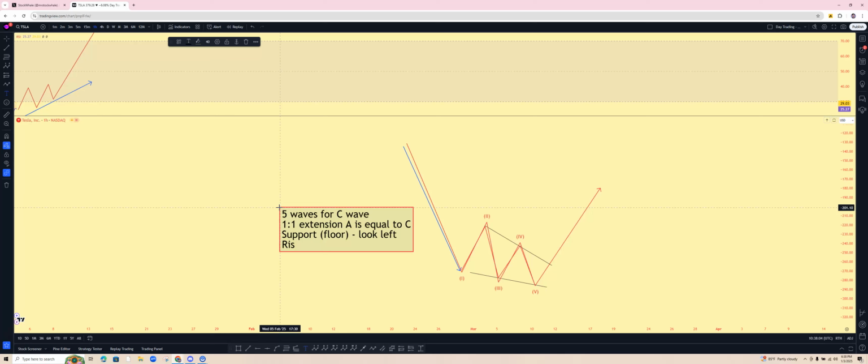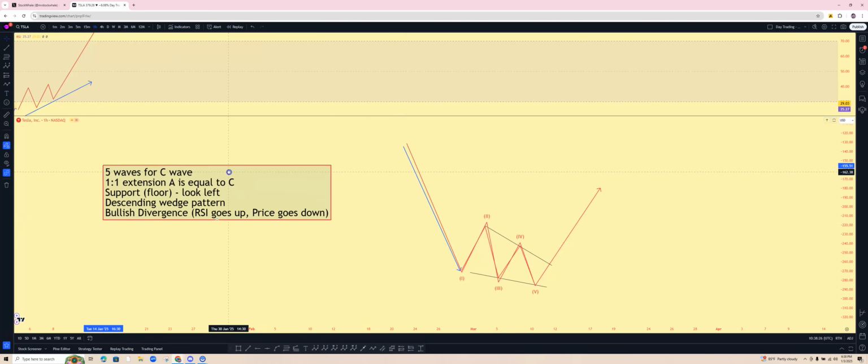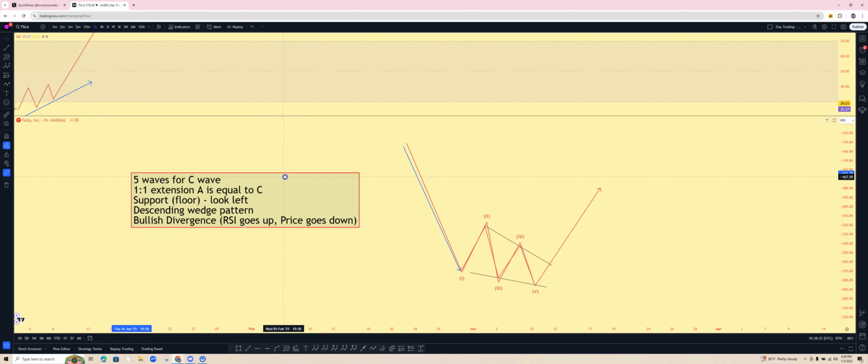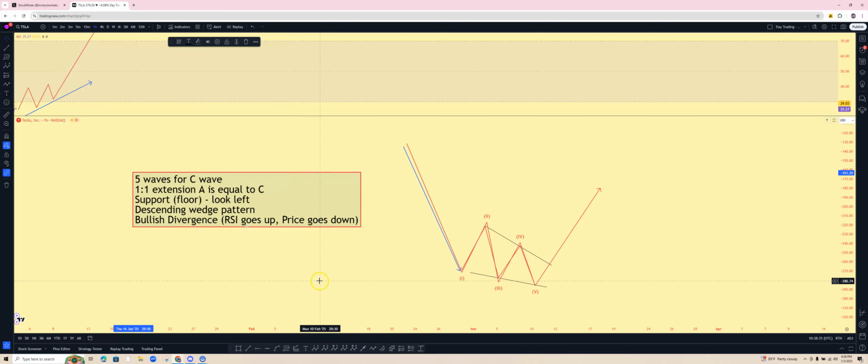If you have a descending wedge, this is what you call a descending wedge pattern. And if you have divergence, right? Bullish divergence, RSI goes up, price goes down. If you have all of these guys, I mean that is a beautiful trade to go into. Absolutely beautiful trade.